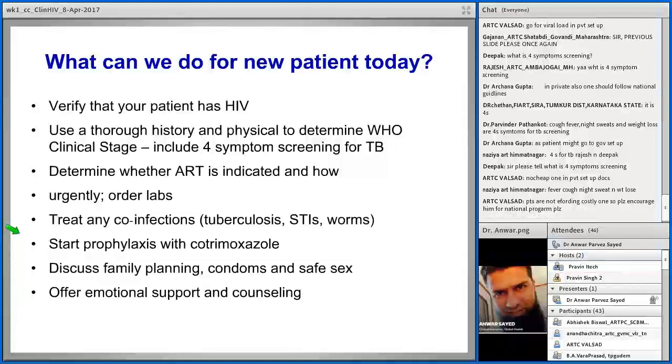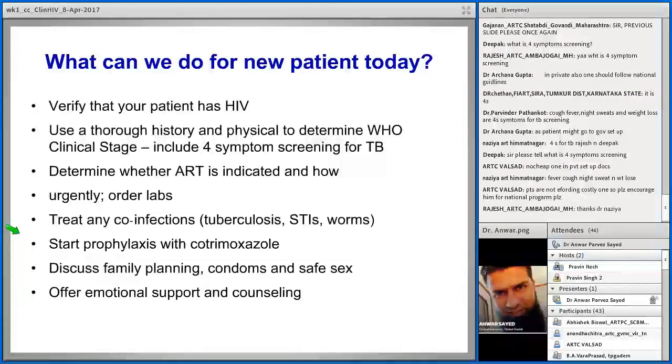One is regarding what is CD4. However illiterate your patient or client is, make them remember this term CD4. If they remember this term and if you tell them that the higher the CD4 the better it is for you, they will remember. You also tell them that every 6 months we will see how your CD4 is doing. They will be happy to remind you that my CD4 is pending. They will be happy to monitor their own CD4 count.